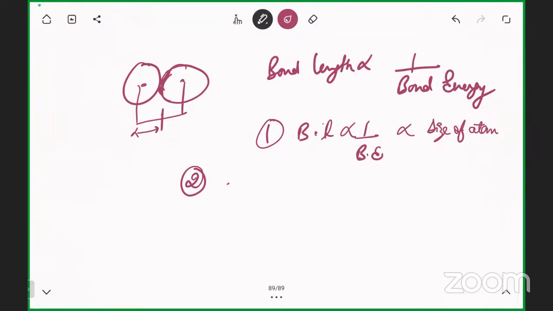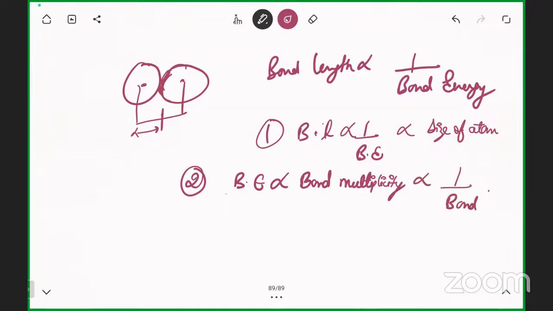Second thing, bond energy is directly proportional to the bond multiplicity and inversely proportional to the bond length.